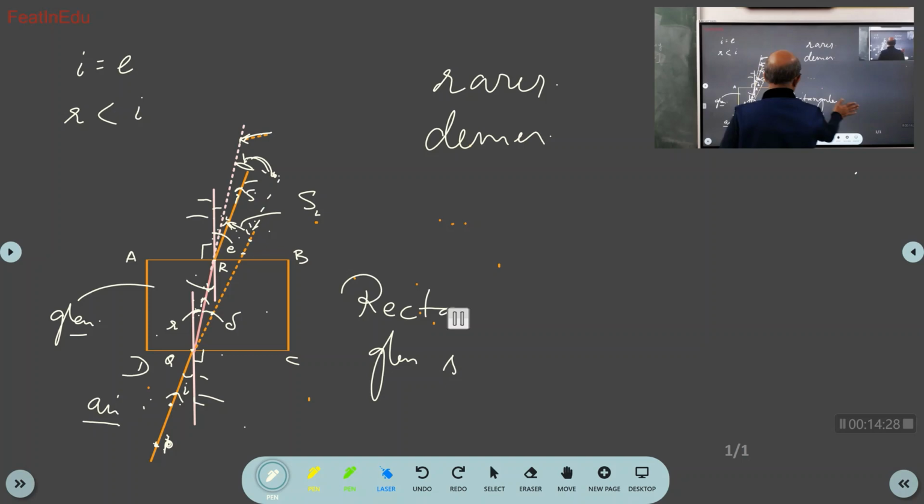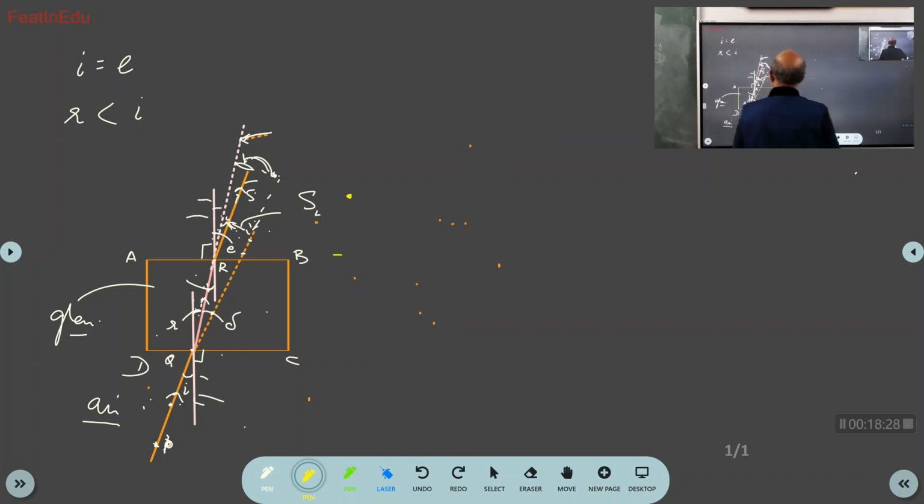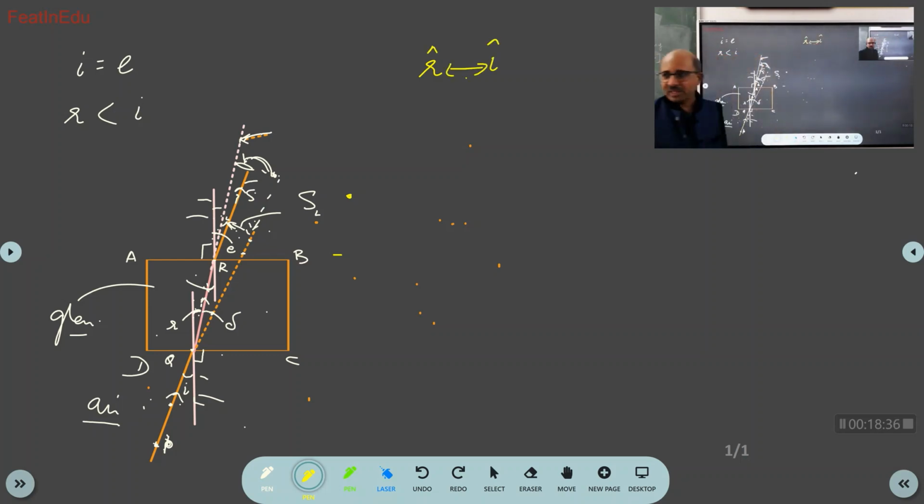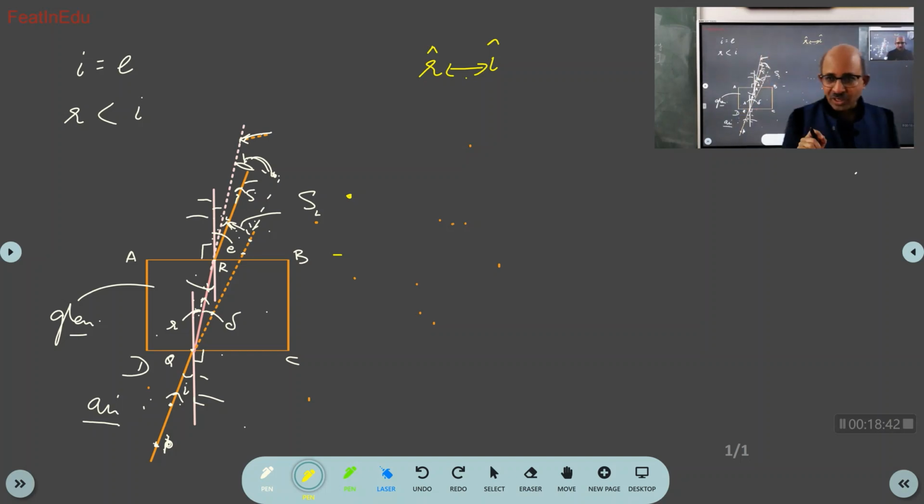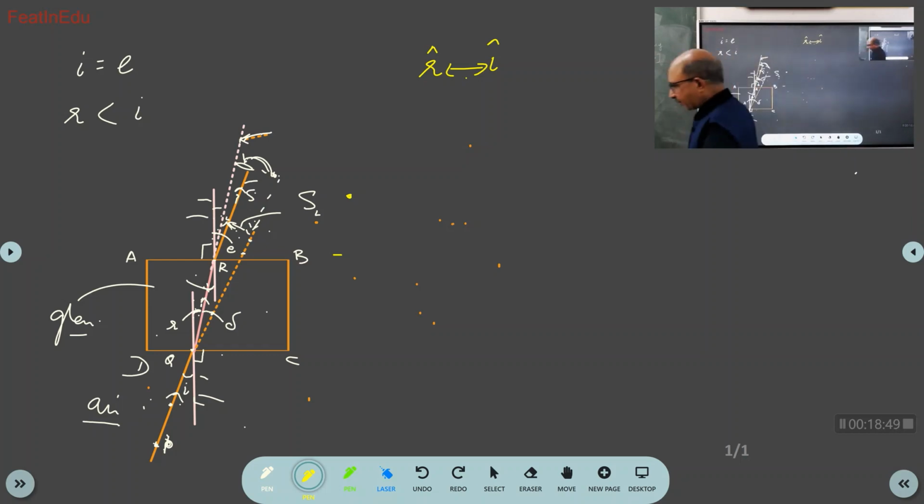Our next task will be to determine the angle of reflection and angle of incidence. What is the relation between the two? Now, my dear students, I am going to define a physical quantity. Please appreciate and understand.